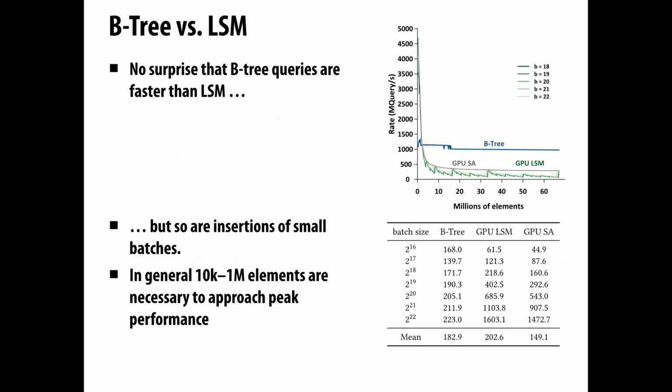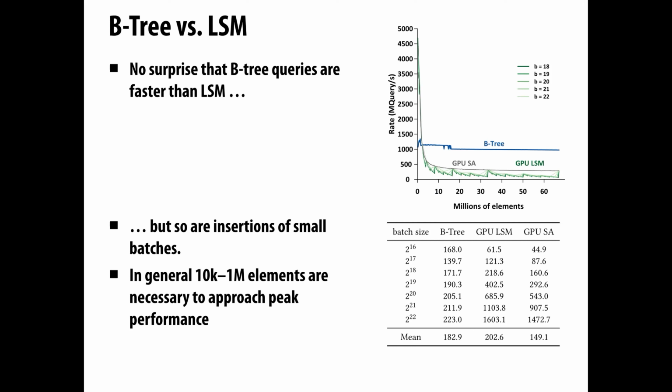So the B tree and the LSM, the log structured merge tree, should have very similar characteristics in terms of their functionality, but B trees optimize on queries, LSM optimizes on insertion. So as we expected, we'd have better B tree performance on queries, but it turned out for small batches, B trees were actually better in terms of insertions as well.